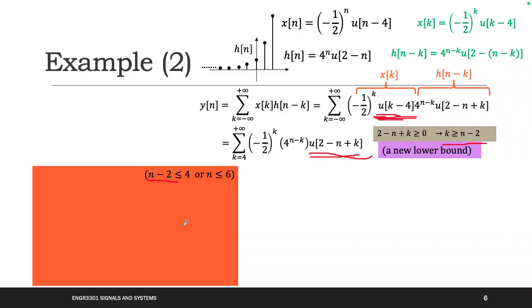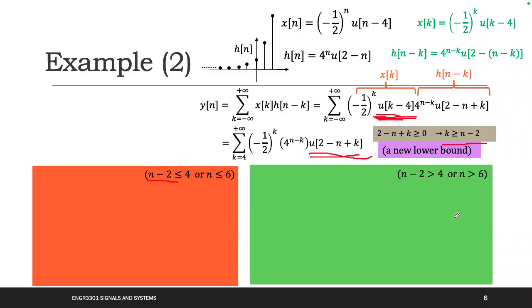And then the other situation, if n minus 2 is greater than 4, which value should be your minimum k? For the previous situation, we know the minimum value of k is 4, am I right?